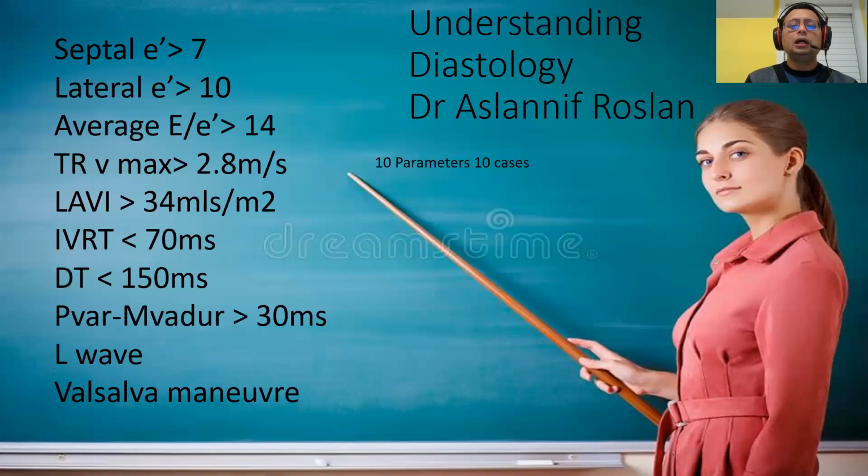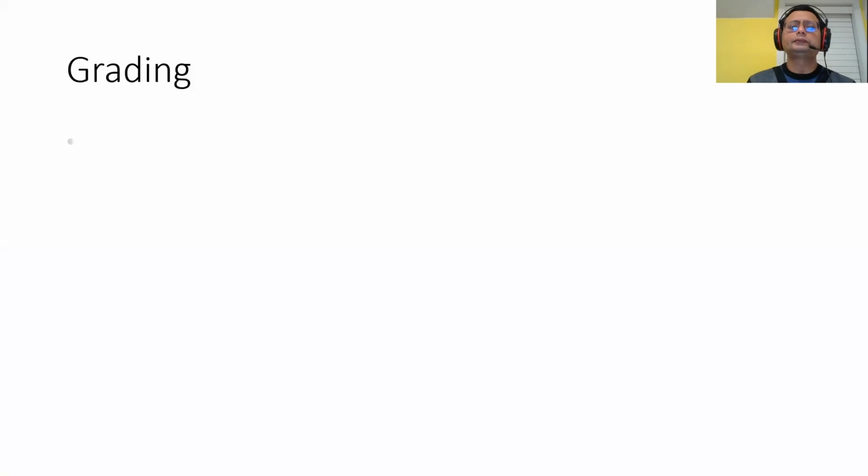Okay. Now, all these 10 criteria will help you to determine diastolic dysfunction, or to determine in someone that has diastolic dysfunction whether they have increase in LA pressure or not. Okay. Let's say you see an echocardiogram report, and how do you report diastolic dysfunction?